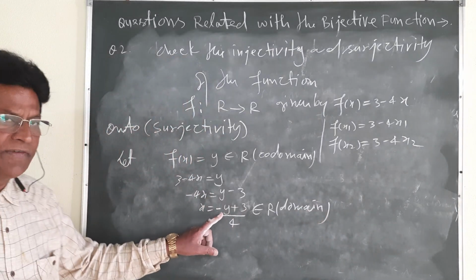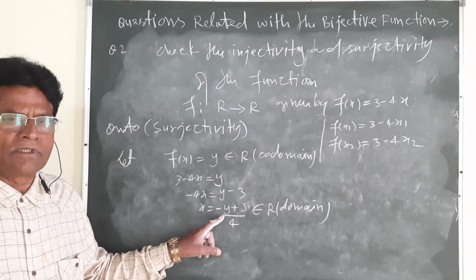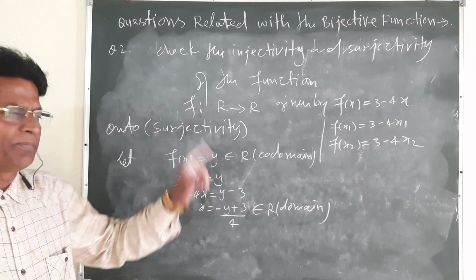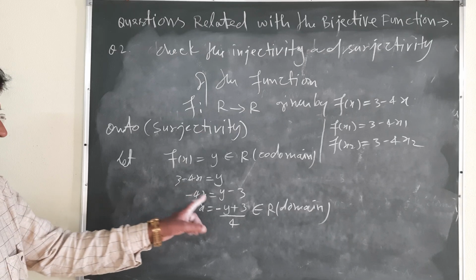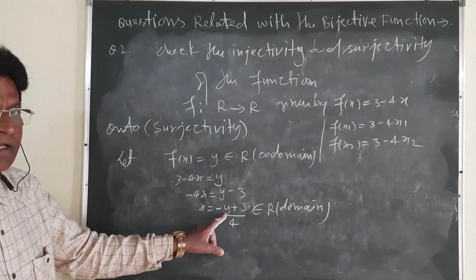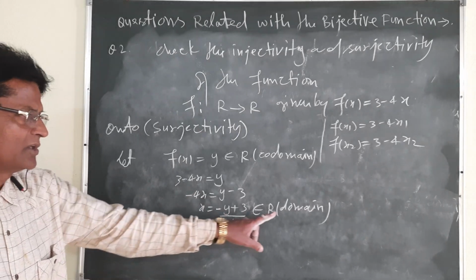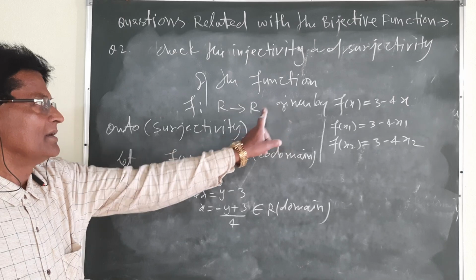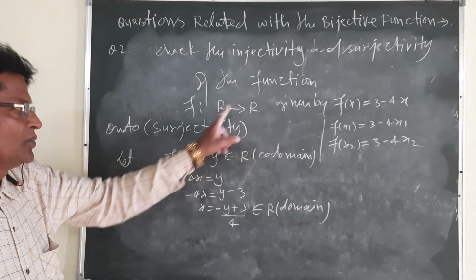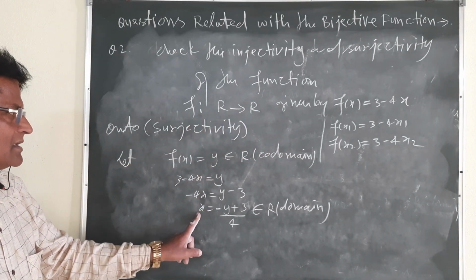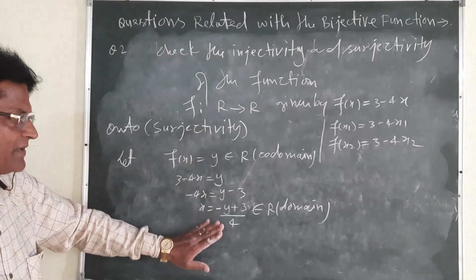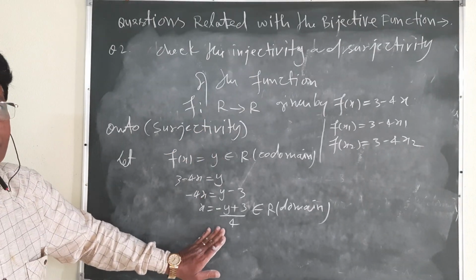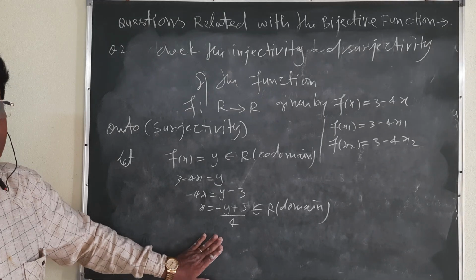Dear student, for any value of y, you substitute any real value in place of y in the codomain, and you will get the real value of x in the domain. That is why the function is also a surjective function, means the function is onto.